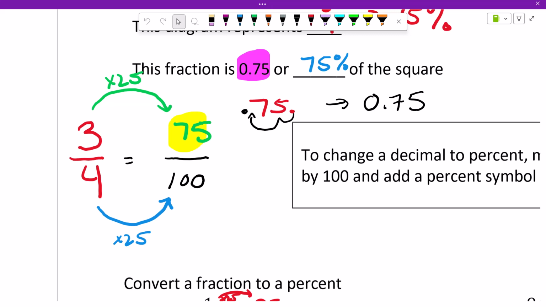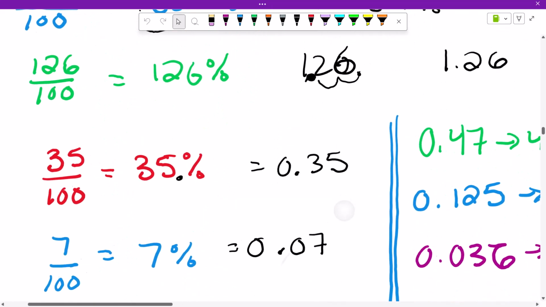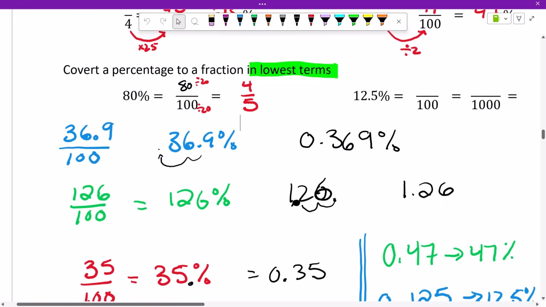And we talked about turning percentages to decimals. We said, if you want to turn a percentage to a decimal, you move the decimal 2 spots to the left. So once you have it out of 100, you can figure out the percentage really easily, because it's just the top number. And to figure out the decimal, you just move it 2 spots to the left.